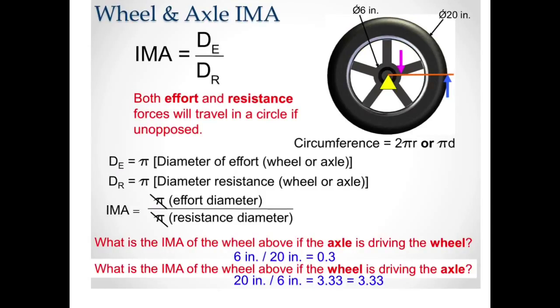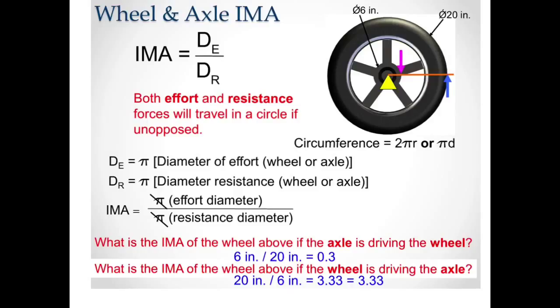Okay, so what happens if I have the wheel driving the axle? Well, if the wheel is driving the axle, that means my effort force is going to be on the outside of the wheel. And so that means my distance effort on top this time is going to be 20 inches.